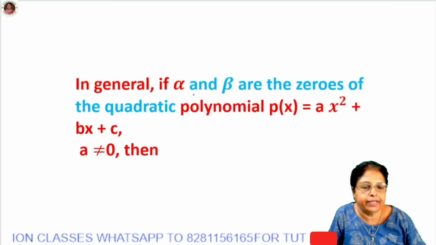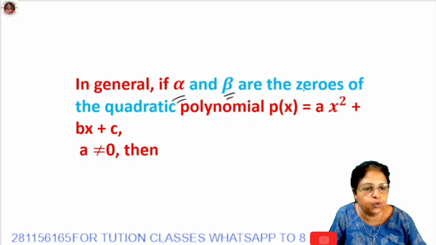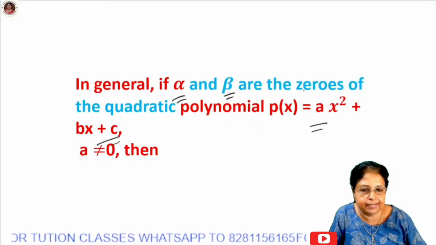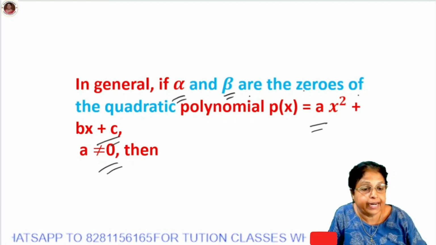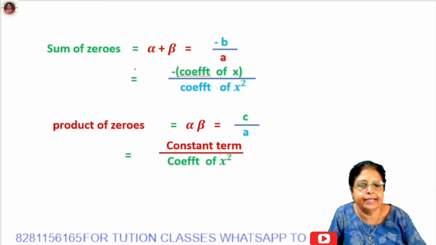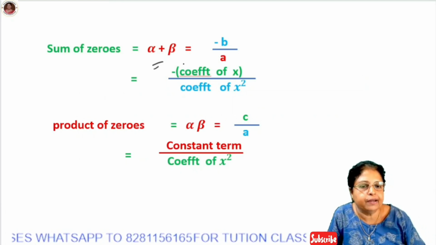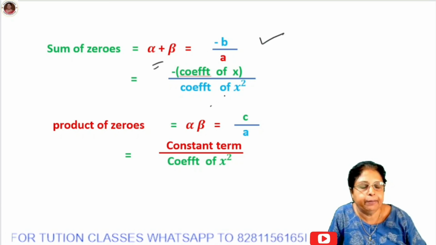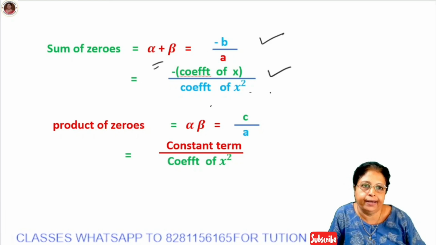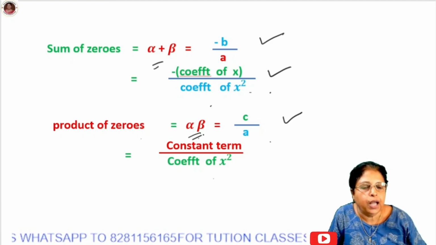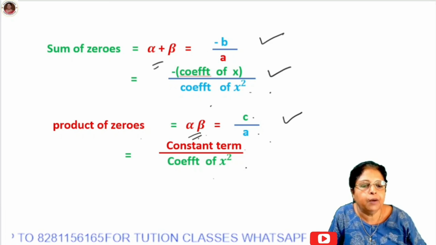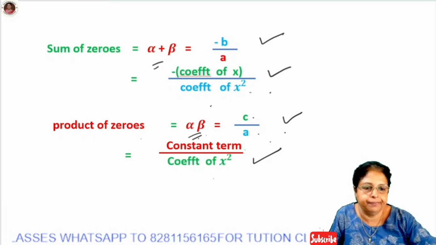In general, we can say if alpha and beta are the zeros of a quadratic polynomial p of x equal to ax squared plus bx plus c, where a not equal to 0, the general form of a quadratic polynomial, then the sum of zeros alpha plus beta equals negative b upon a, that means the negative of the coefficient of x upon the coefficient of x squared. The product of zeros alpha beta equals c upon a, that is the constant term upon the coefficient of x squared.